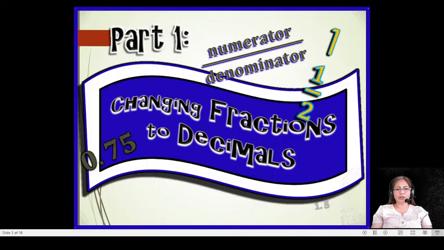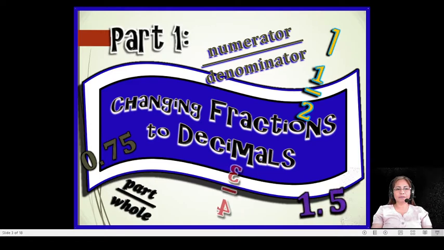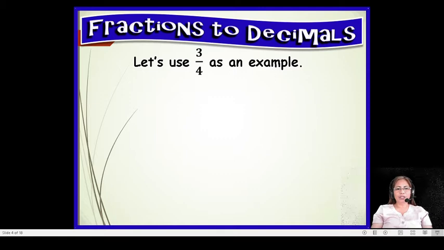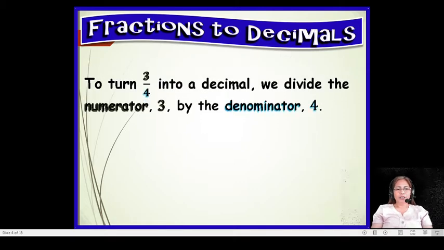Changing fractions to decimals. Let's use 3/4 as an example. To turn 3/4 into a decimal, we divide the numerator 3 by the denominator 4. So, 3 divided by 4.